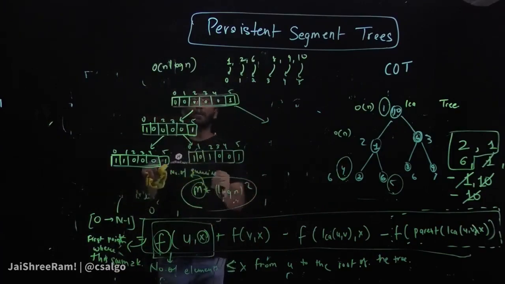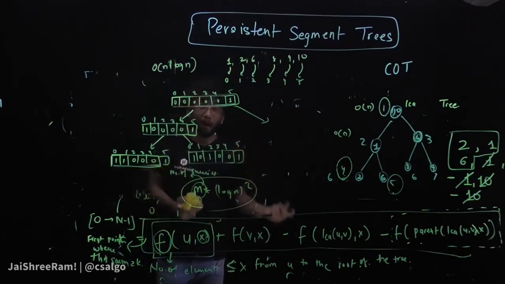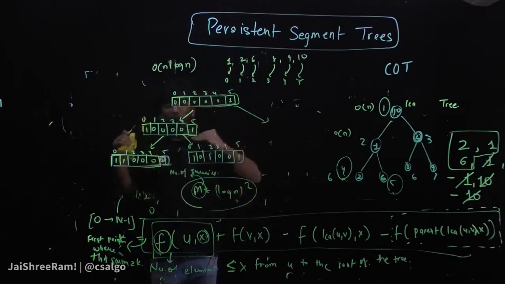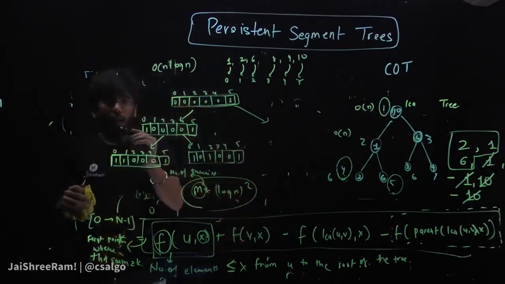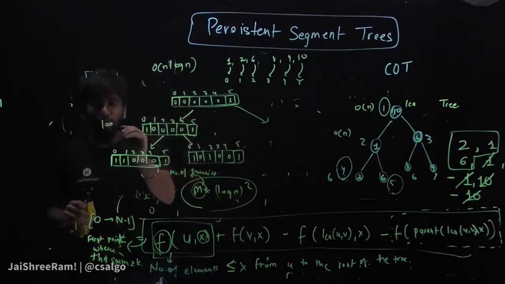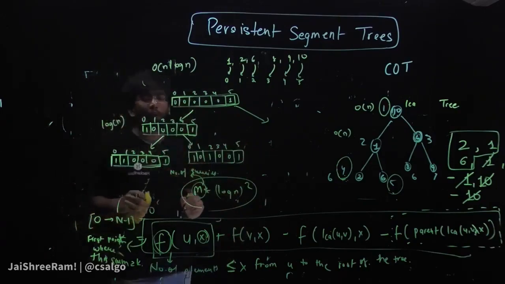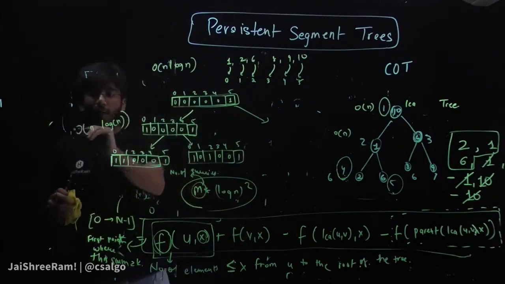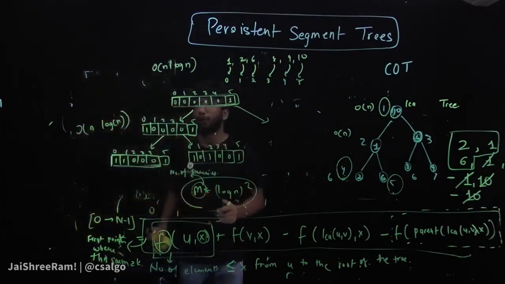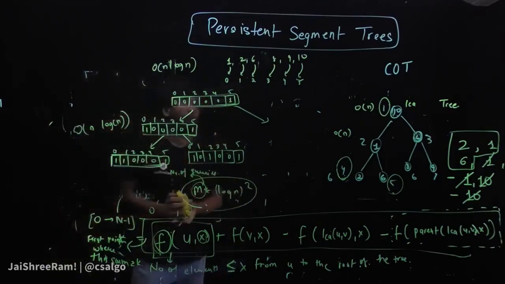So there's a log n extra space required for the child in comparison to the parent, and this would happen eventually throughout the tree. So each child would add log n nodes, and eventually the space would be order n log n, which is our required space complexity.